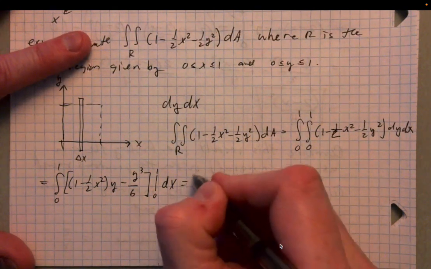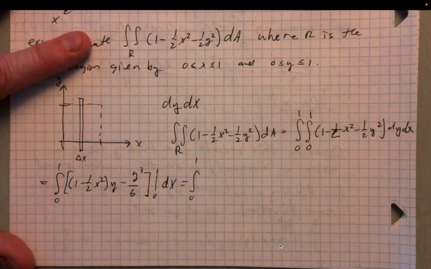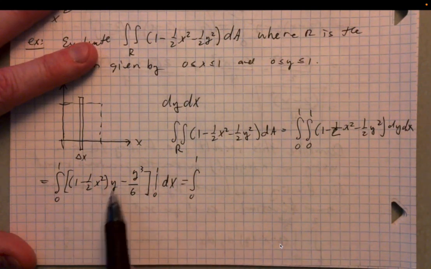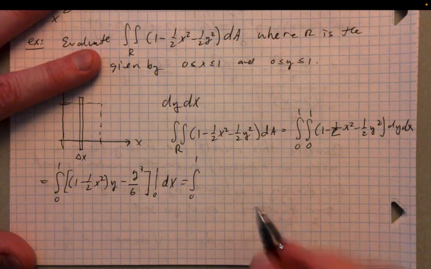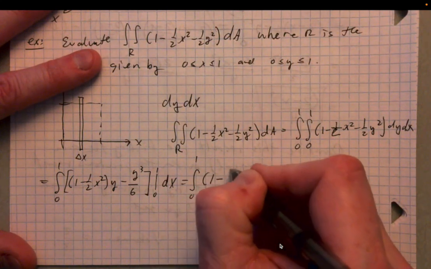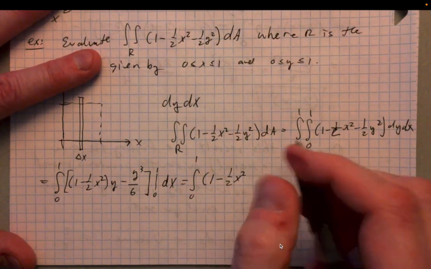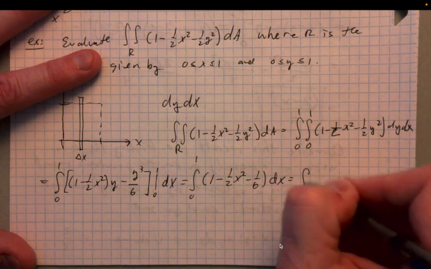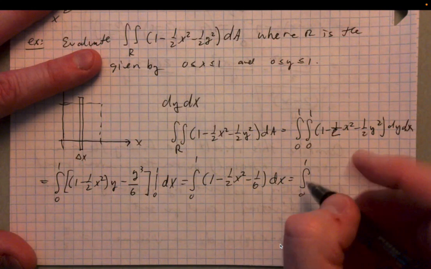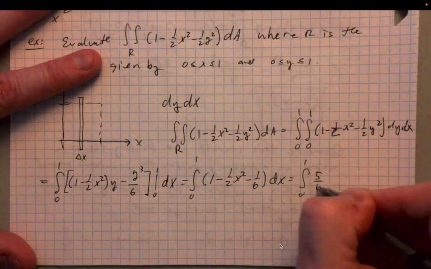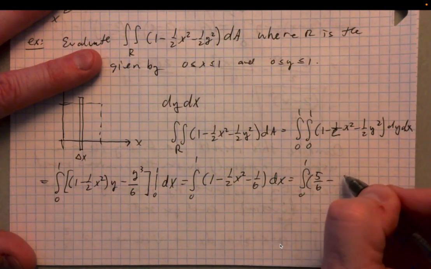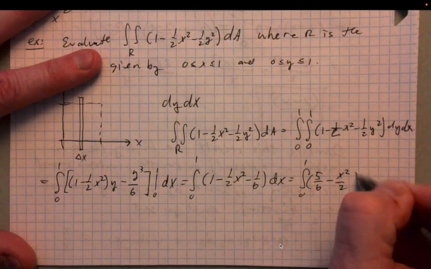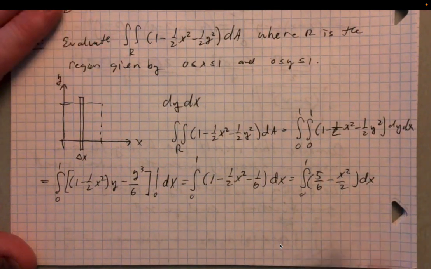Everything, you plug in 1 for all the y's, and so what we get is 1 minus 1/2 x squared minus 1/6 dx. We could simplify that a little further and get 5/6 minus x squared over 2.